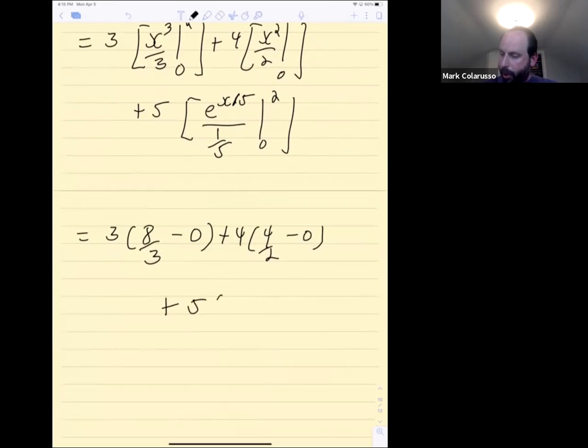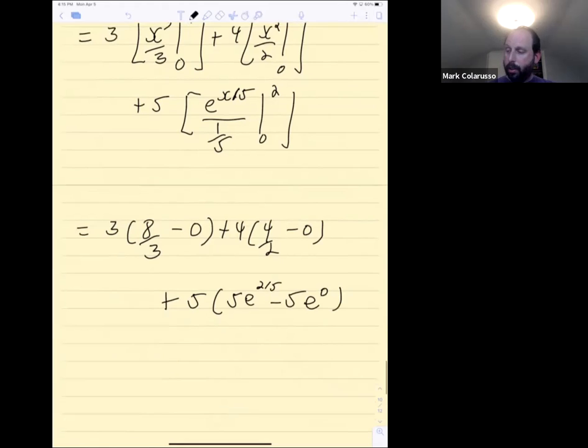Now we have to be a bit careful. If you have 1/5 in the denominator, that becomes a 5 in the numerator, so it's actually 5 e to the x over 5. You put in 2, so you get e to the 2/5. When you put in 0, you don't get 0: e to the 0 is 1. So just remember, you do not get 0 here.